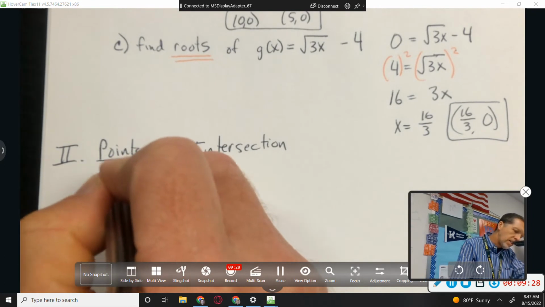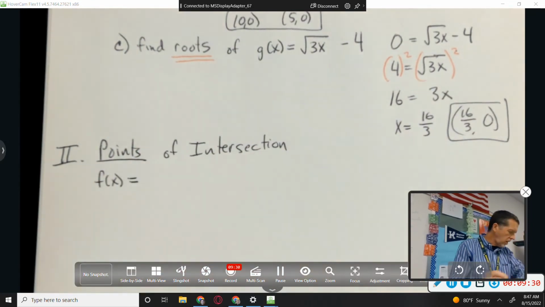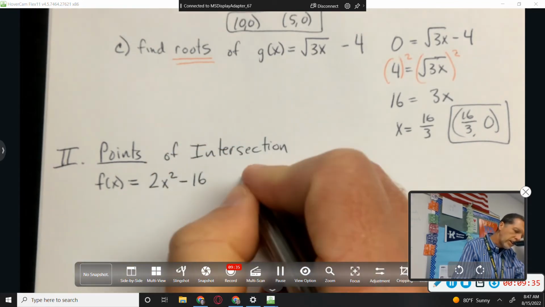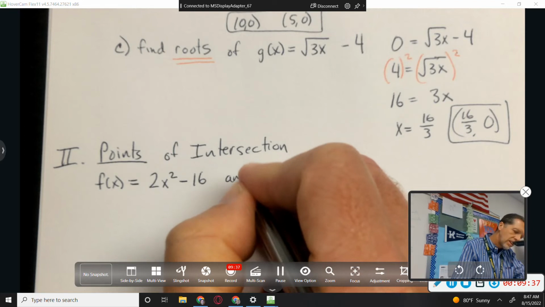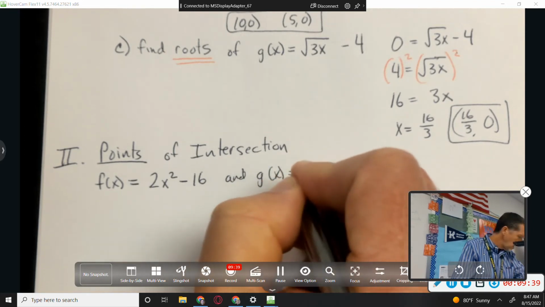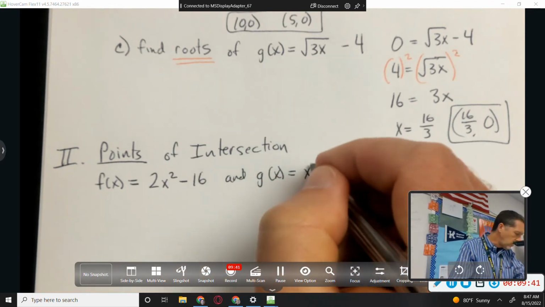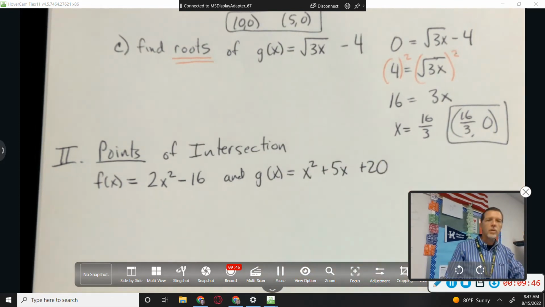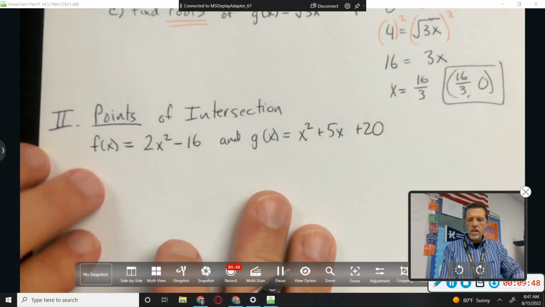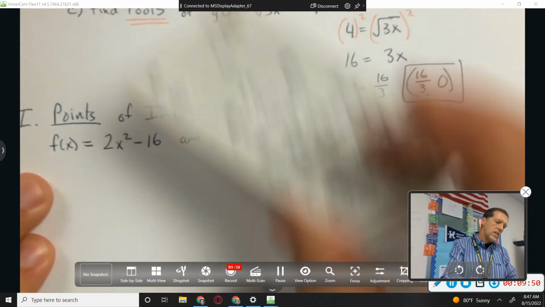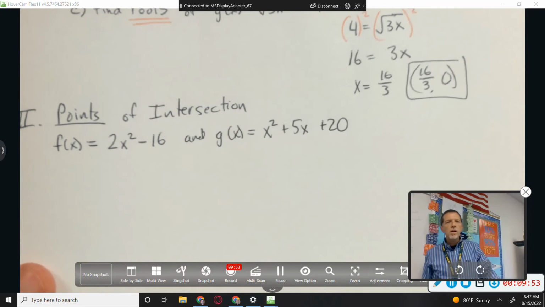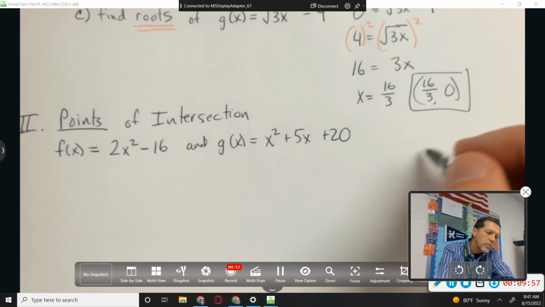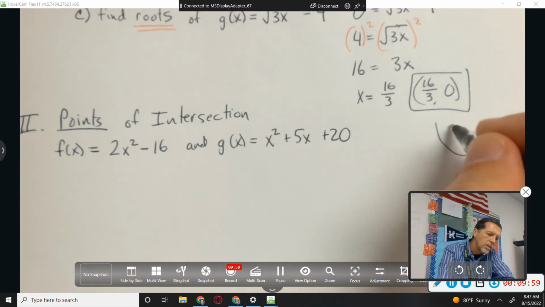So let's find the points of intersection of f of x equals 2x squared minus 16, g of x equals x squared plus 5x plus 20. Point of intersection. So think about what graphically a point of intersection might look like.